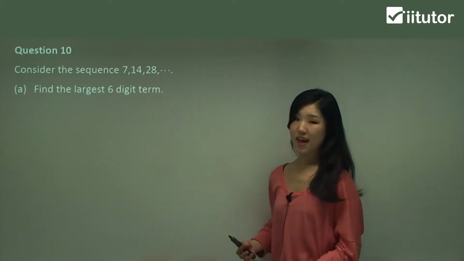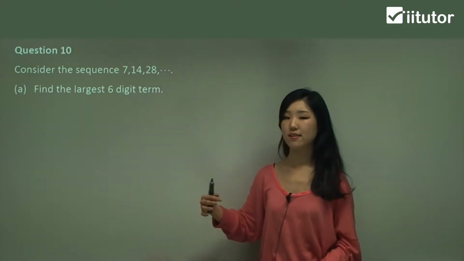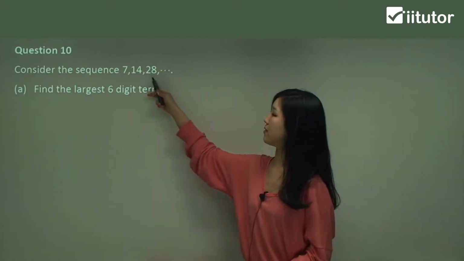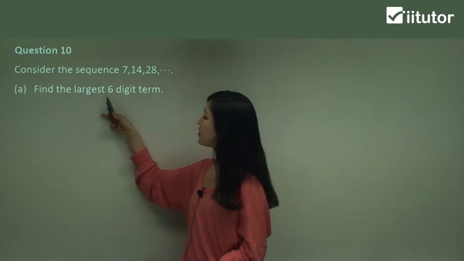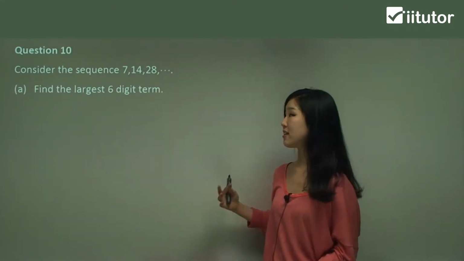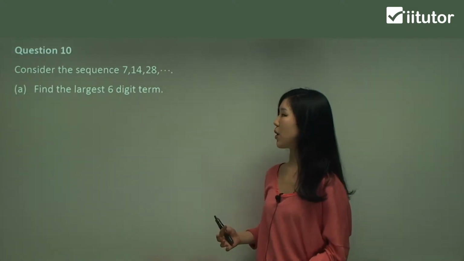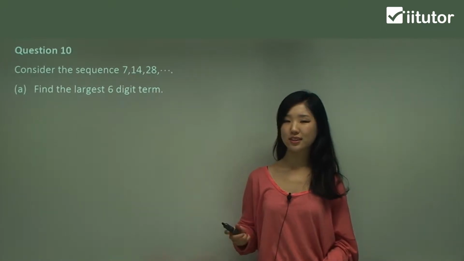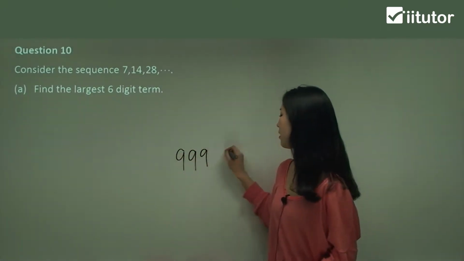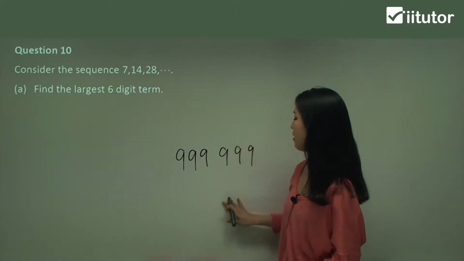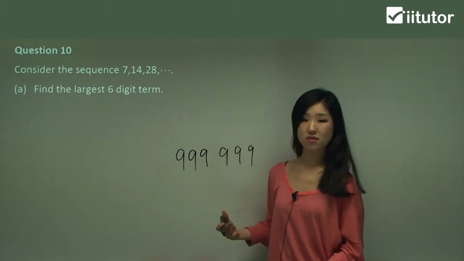Starting with question 10, it says consider the sequence 7, 14, 28, etc. So this is a sequence that will go on and on. Part A says find the largest 6-digit term. What does that mean? The largest 6-digit number as an integer is 999999, isn't it?